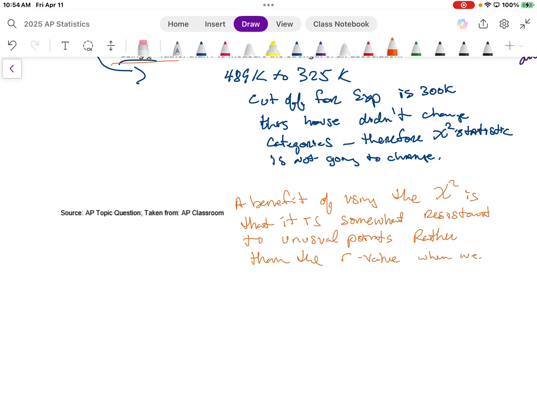When we are using it to measure the strength of the association. Okay.